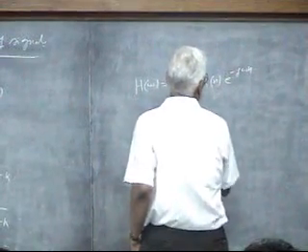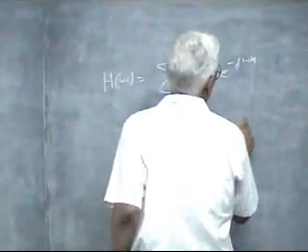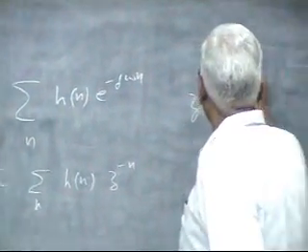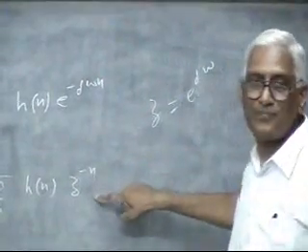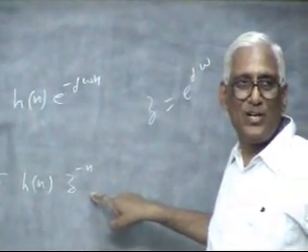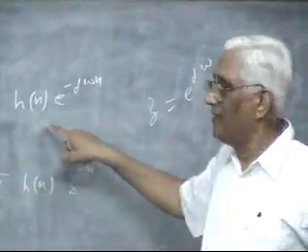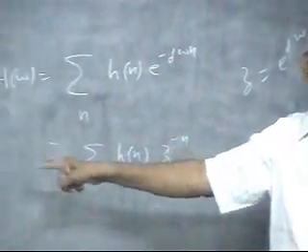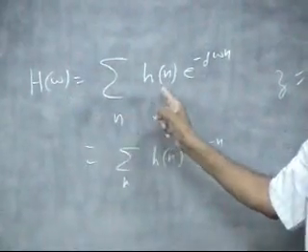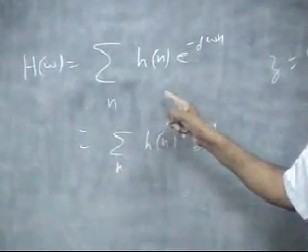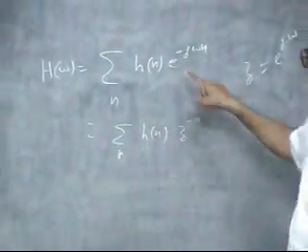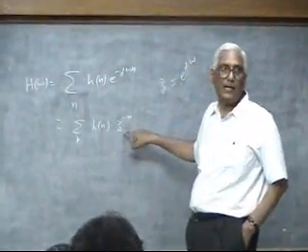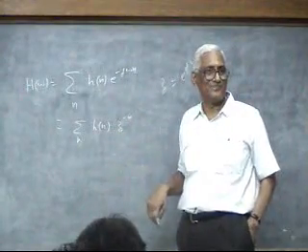Ask me if you have any doubt on this. So if my z is equal to e to the power of j omega, all of you are clear? This you know, I have not introduced anything new here. If I write e to the power of j omega as z, it is exactly the same as this.